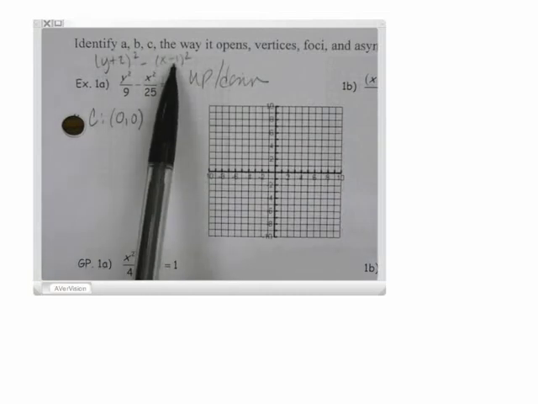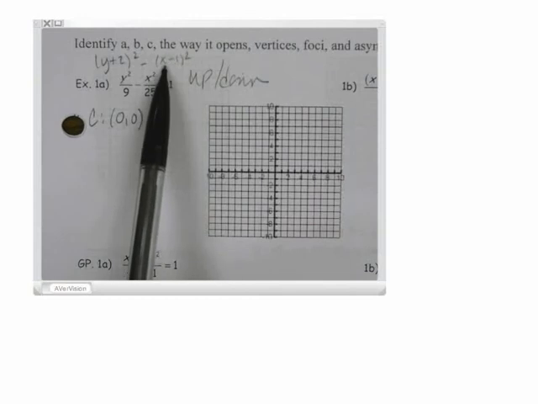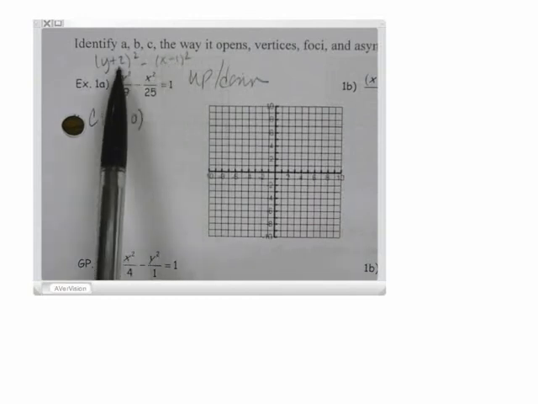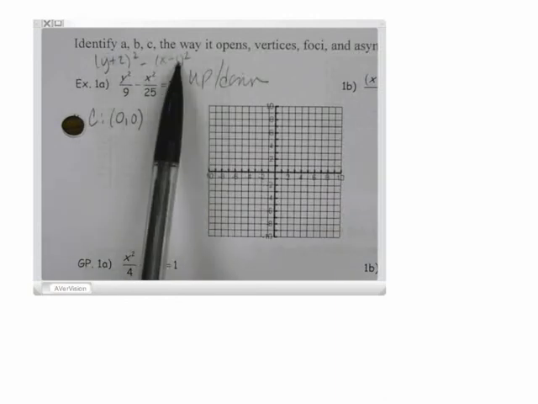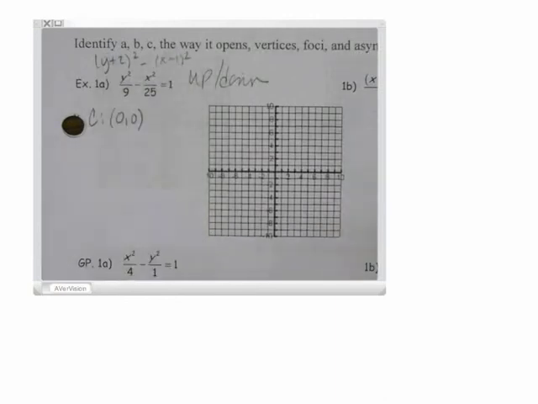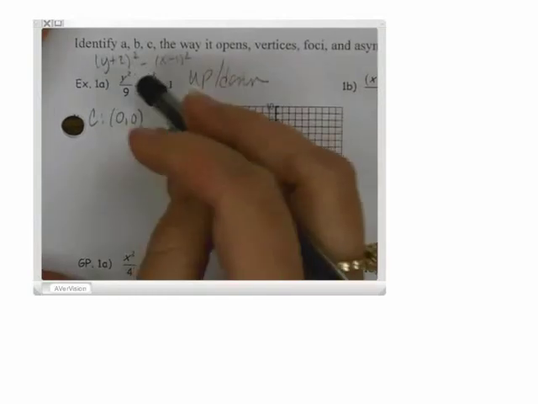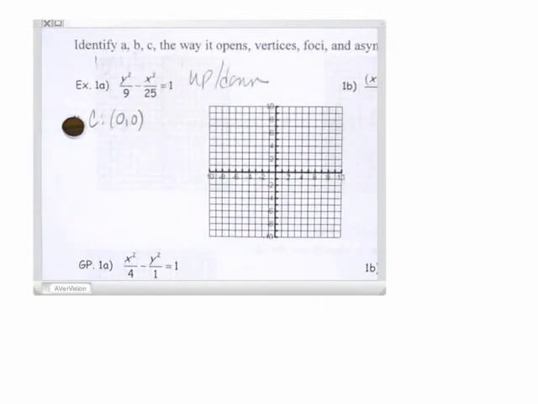Remember, your h or your x coordinate is always with the x, and your y coordinate is always with the y. So the center for what I've got written up here would be 1, negative 2, not negative 2, 1. It didn't matter on this one because it's 0 and 0, but just be aware of that. Don't do that backwards.